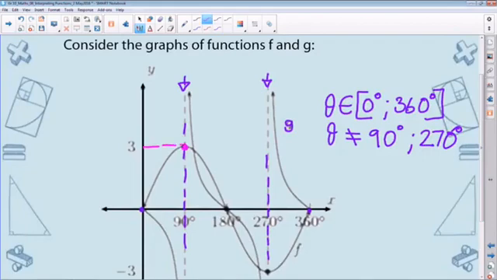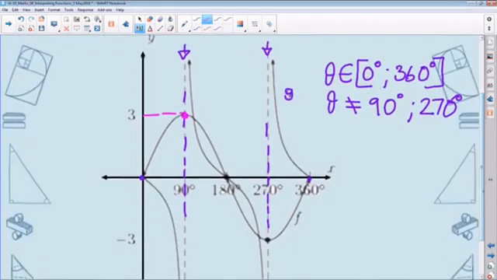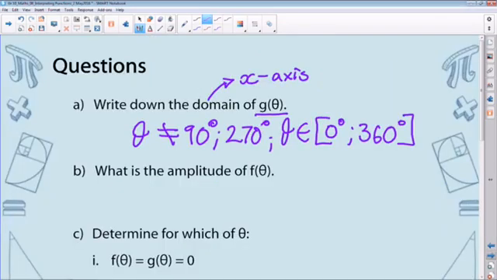It also goes down to -3. So if we look at the center line through the function, we'll see that it goes up 3 and down 3, and that means our amplitude is equal to 3.